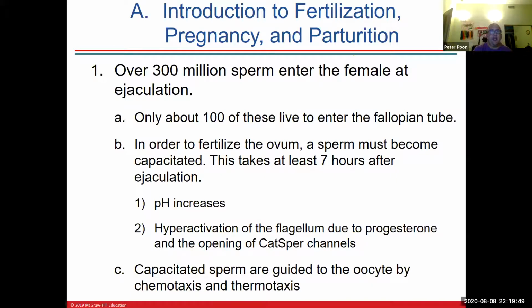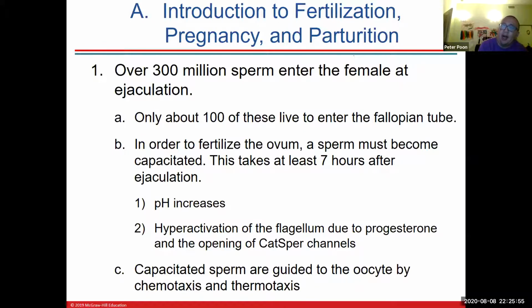So, pregnancy and parturition. Over 300 million sperm enter the female at ejaculation. Only about 100 of those live to enter the fallopian tube. I think the numbers are actually higher than that, but not much higher.